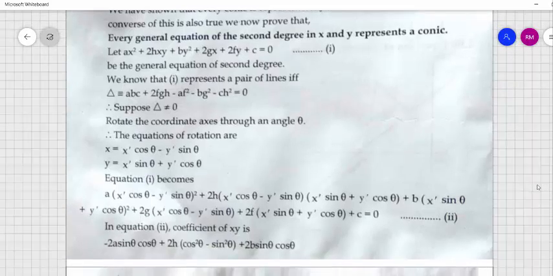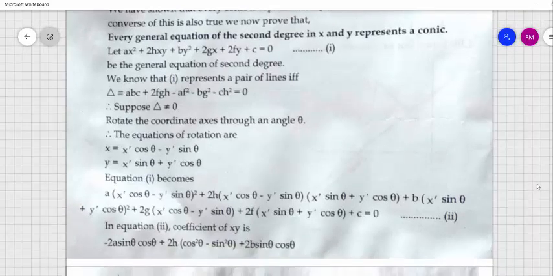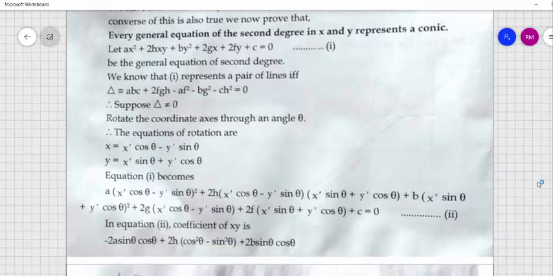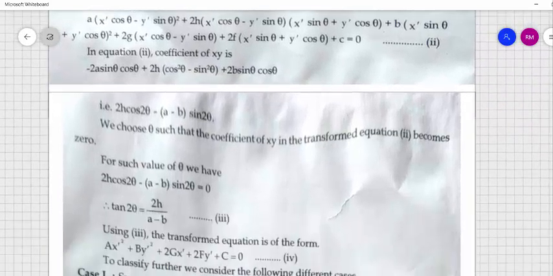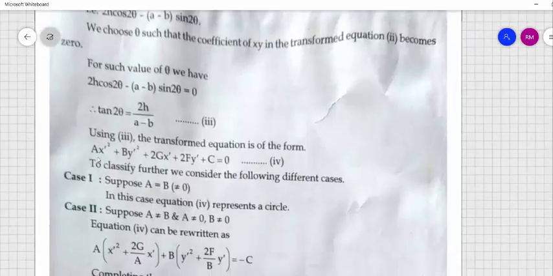So what we have to do, we have to rotate the axis by angle theta, and doing some calculation we have to equate coefficient of xy to 0, and in short we get this equation: ax square plus by square plus 2gx dash plus 2fy dash plus c equal to 0.